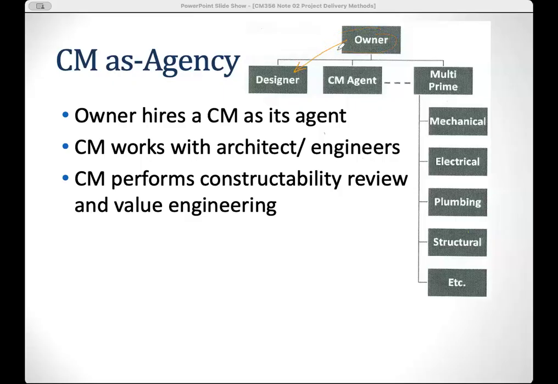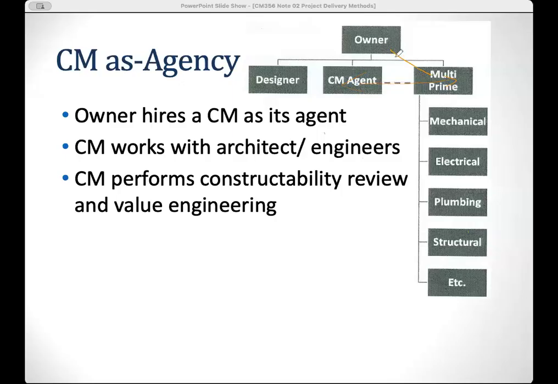The owner has a contract with your designer, and the owner has a contract with your CM, right? And you have your multiple general contractors, or even their subcontractors, together over here. The CM agency is managing your primary contractors, but they do not have a contract with them. So there are no contracts between those two parties.